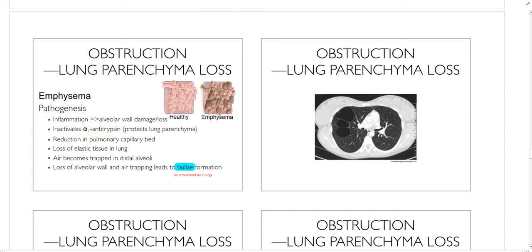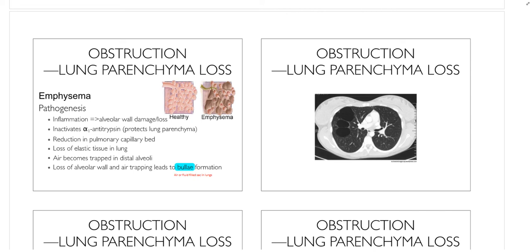We have a reduction then in the pulmonary capillary bed and a loss of elastic tissue in the lungs. And elastic tissue in the lungs around each individual alveoli is part of what helps us to passively exhale, because they're constrictive and they promote the lungs to exhale.